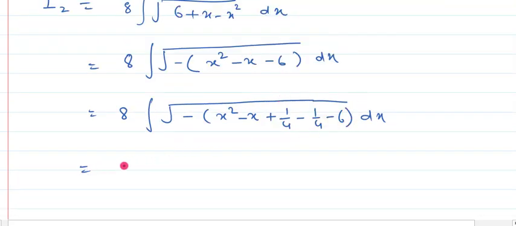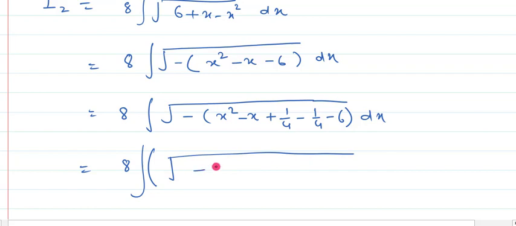So it can be written as integration of square root of minus x minus 1 upon 2 whole square, and after simplifying we get minus 25 upon 4 dx.